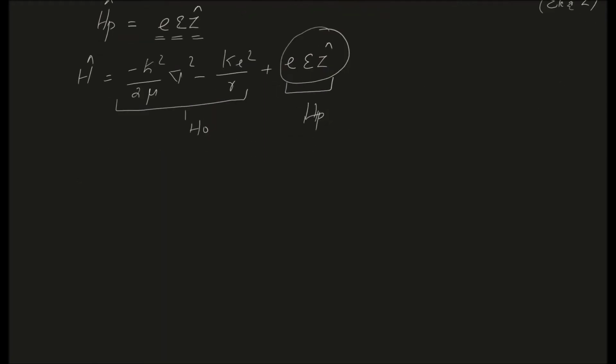The ground state is going to be n equal to 1, and when n equal to 1, l will be 0 and m will be 0. So the ground state of the hydrogen atom can be represented as psi 1 0 0, psi n l m. So psi 1 0 0 is the ground state of the hydrogen atom.